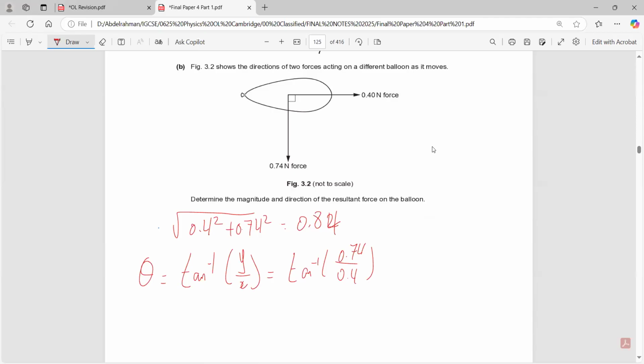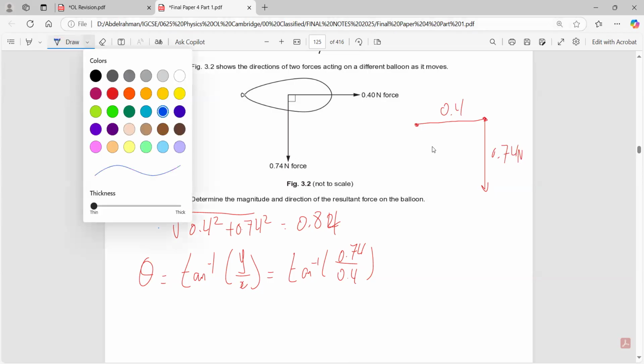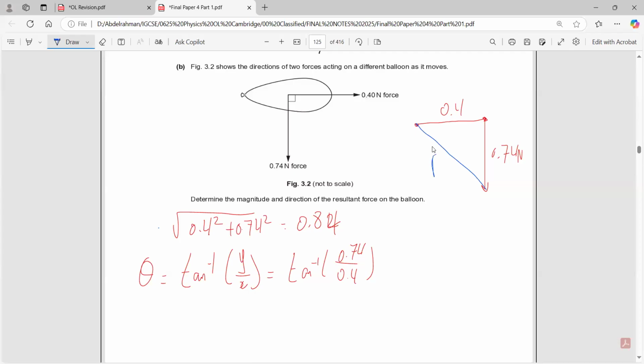No, that's 0.74, that's the problem. You need to draw the triangle correctly. If you start off with the horizontal force, it would be in this direction, 0.4, and then you draw the vertical force moving this way. This is 0.74 newtons. The resultant would be in this direction. This is the resultant, and the theta with the horizontal would be this angle. So this is the opposite, and this is the adjacent. Okay, thank you.